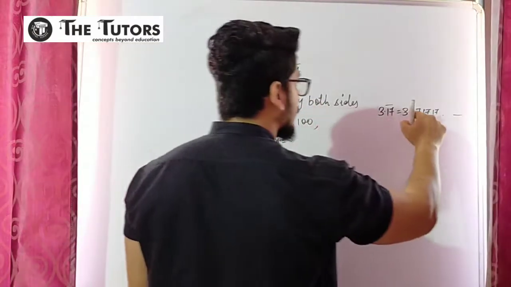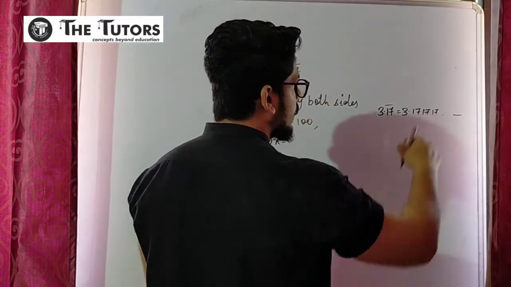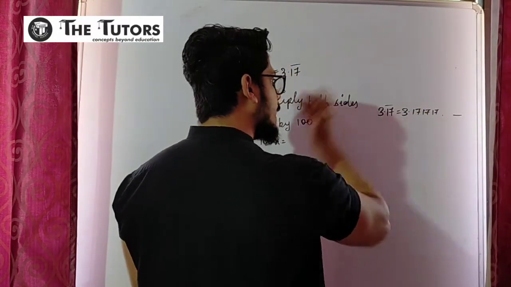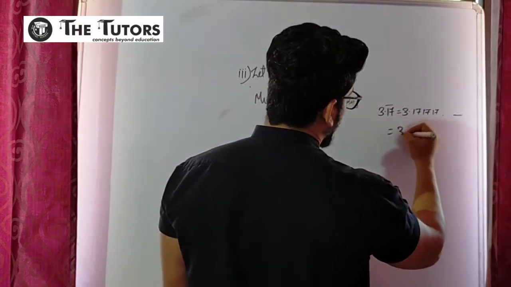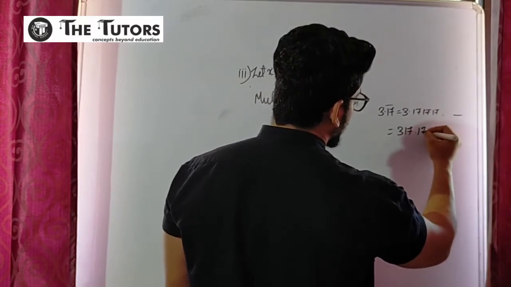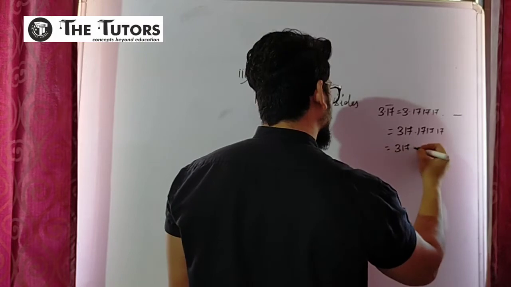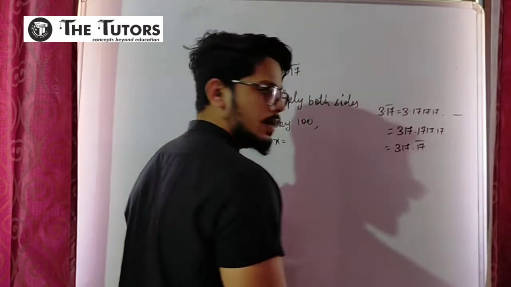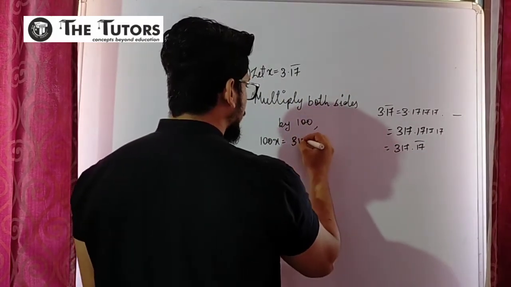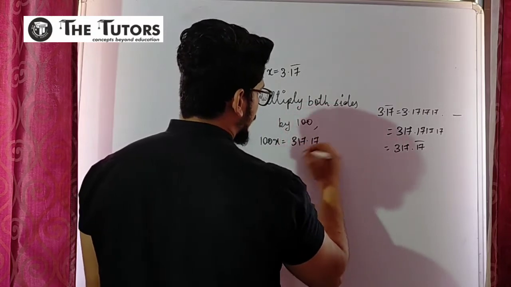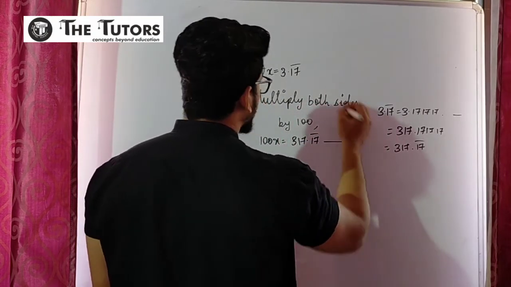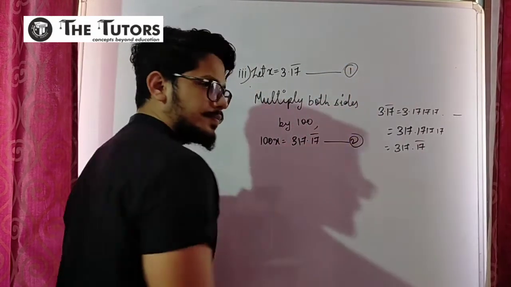When you multiply it by 100, the point shifts two places ahead. 1 and 7 will get on the left hand side of the decimal, which is indirectly 317.171717, which is indirectly 317.17 bar. Same goes here, 317.17 bar. This is your second, this is your first.